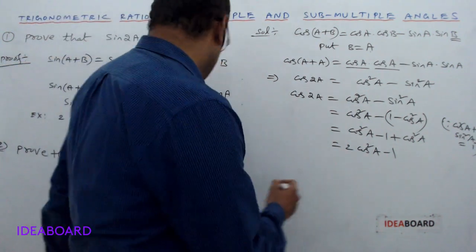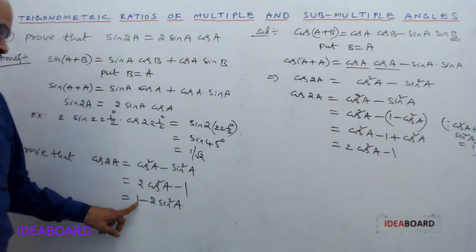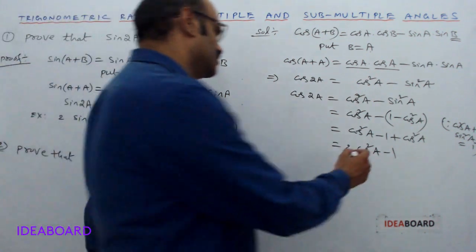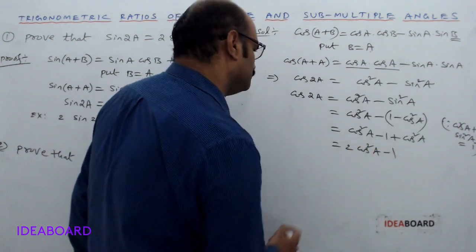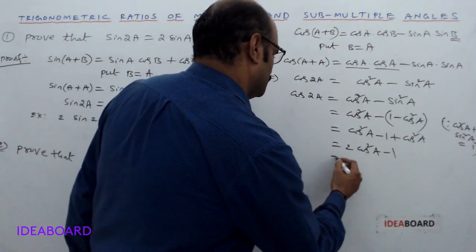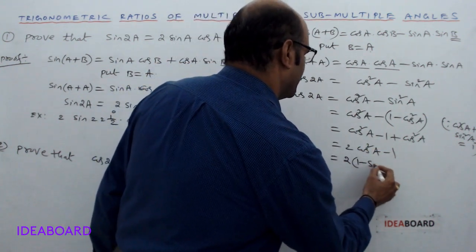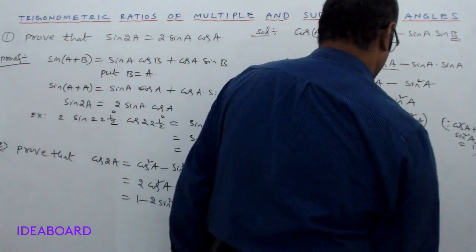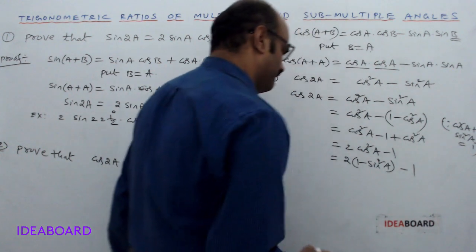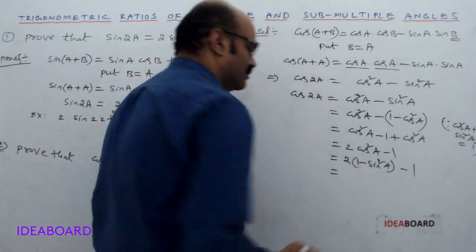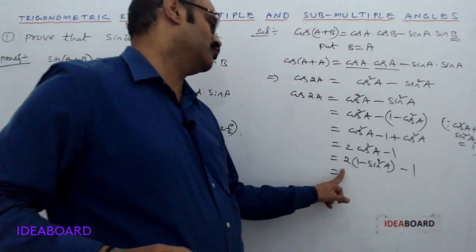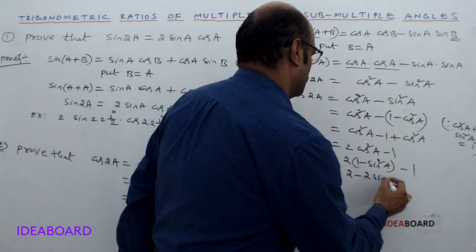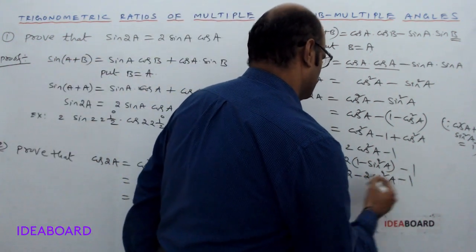Now we have to prove that 1 minus 2 sin square A is equal to 2 into 1 minus sin square A, minus 1. So multiply by 2: 2 minus 2 sin square A minus 1.